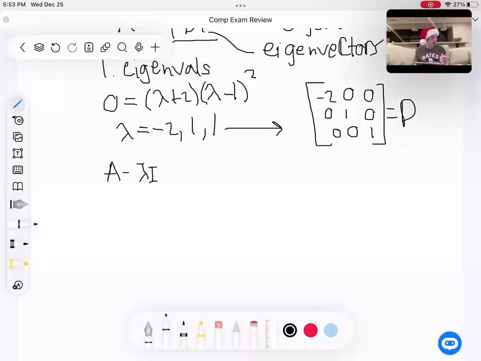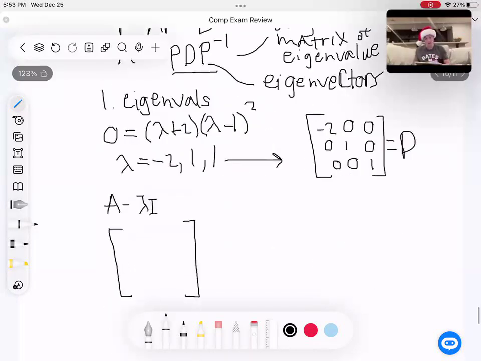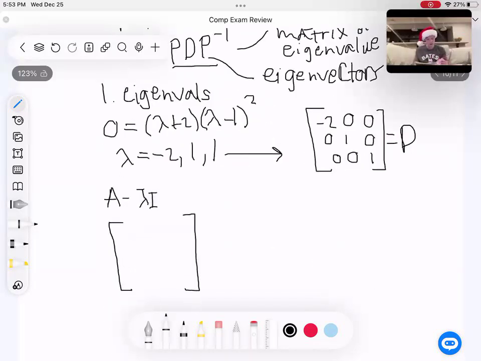So A minus lambda I here, let's start with lambda is equal to -2. That's just going to be +2 to all of the diagonals. Because A is this matrix up here, I went ahead and did this math out. That's going to give us 3, 0, 0, 2, -3, 2, and then 1, -2, 2. Awesome.